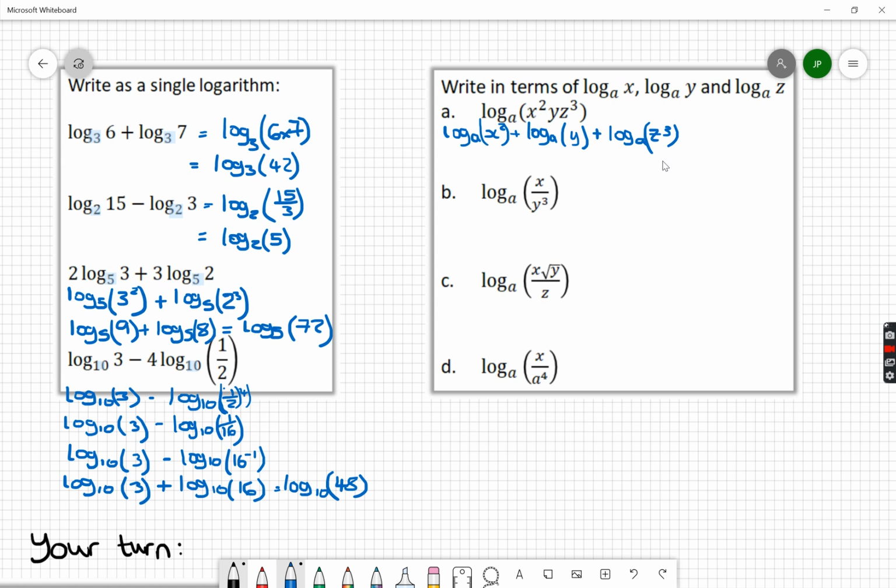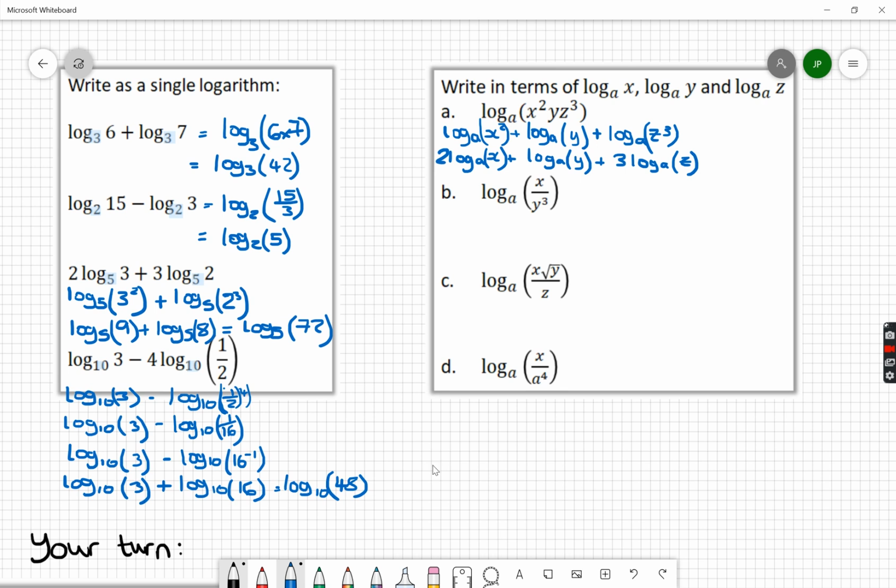So to get rid of the powers, as long as it's only the part I'm logging, which is the power, which it is in this case, I can bring the power in front. So I'll have 2 log a x plus log a y plus 3 log a of z. So it's literally going in reverse, guys, to what you're doing in that first part.